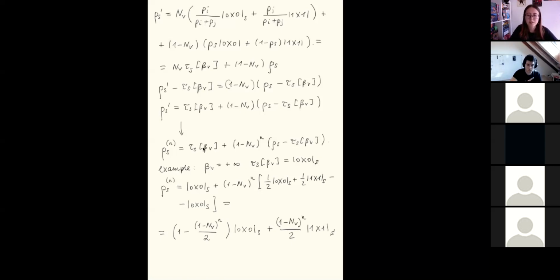And here we see that, as I said, as n goes to infinity, 1 minus NV to the power n over 2 goes to 0, and rho S n goes closer and closer to the ground state. So repeating the swapping process each time with the reset virtual qubit, we can cool our real qubit to the ground state as we wanted.